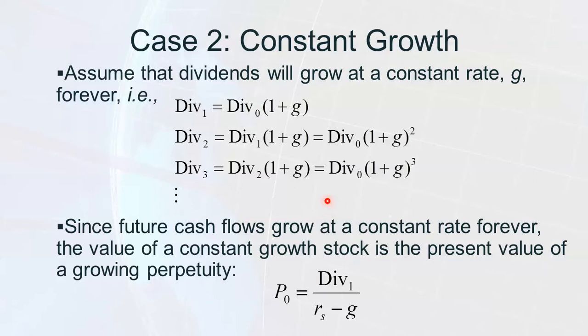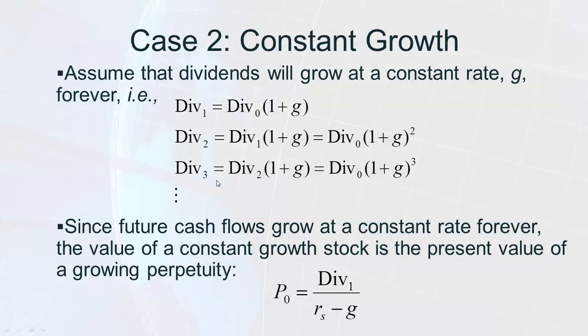So your dividend n here is going to be dividend n minus 1 times (1 plus g). Your dividend is growing by a constant rate.